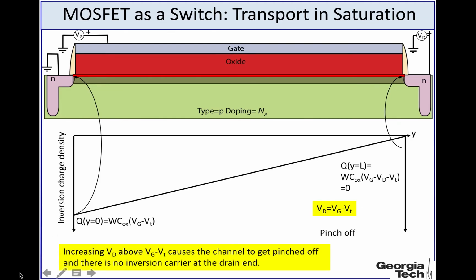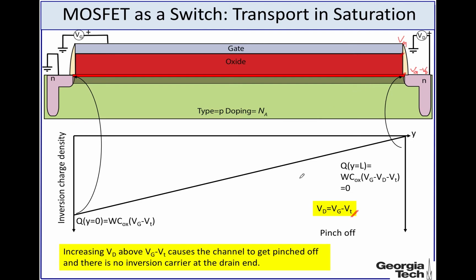Now let's consider what will happen if the drain voltage becomes equal to Vg minus Vt. So basically you were increasing the drain voltage, and finally you get to a point where the drain voltage becomes equal to Vg minus Vt. So what will happen here? At this end you have a voltage of Vg, whereas here you have Vg minus Vt.